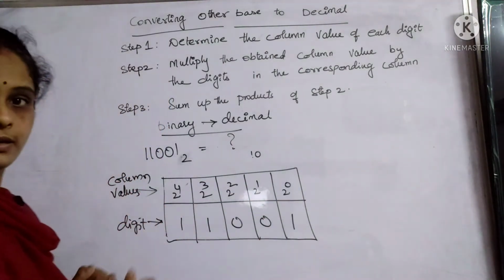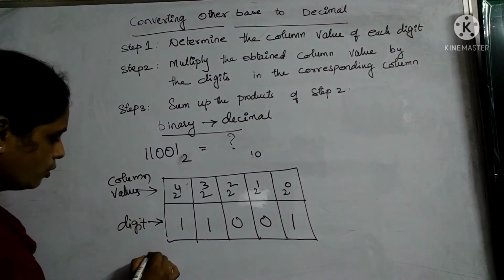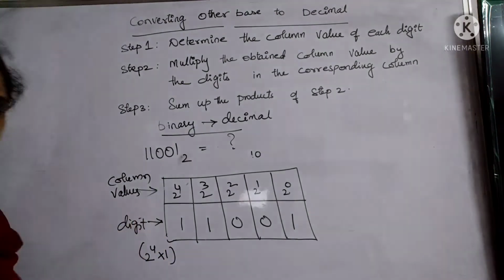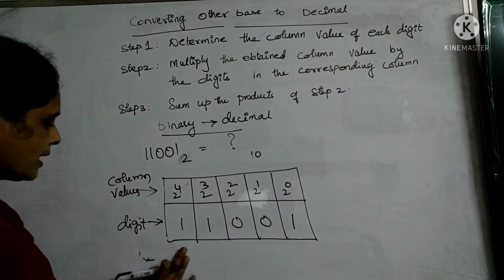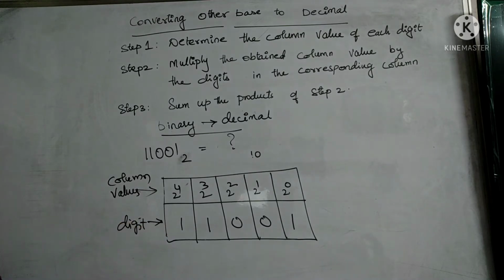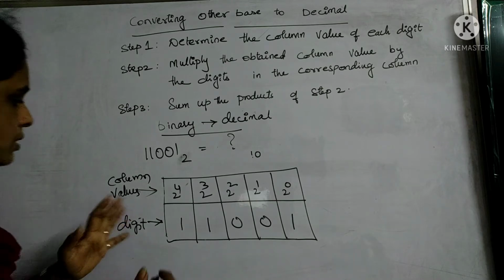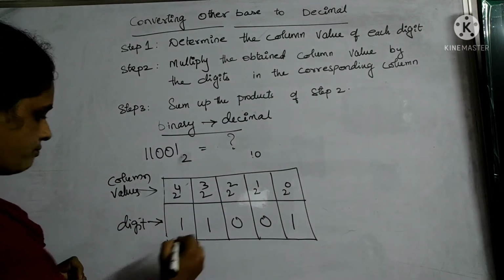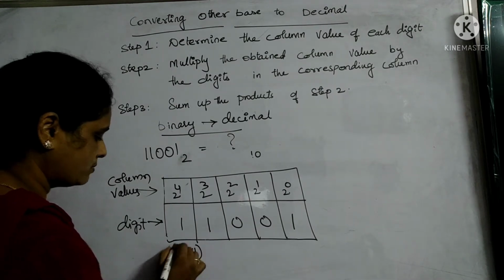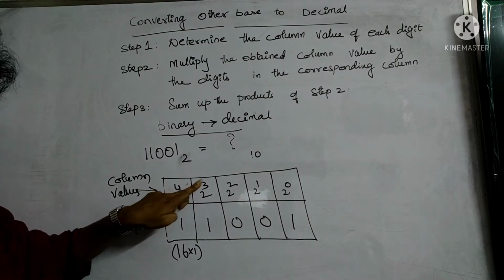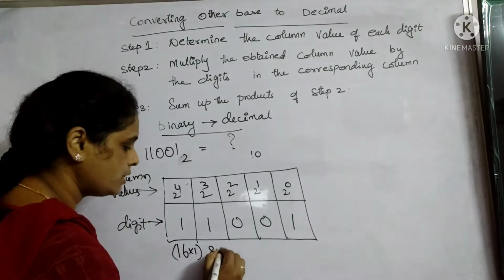The next step, here I am writing it down. 2 power 4 into 1. That is the first one. What is 2 power 4? 2 power 4 is nothing but 16. So, 16 into 1. Then 2 cube is 8 into 1.